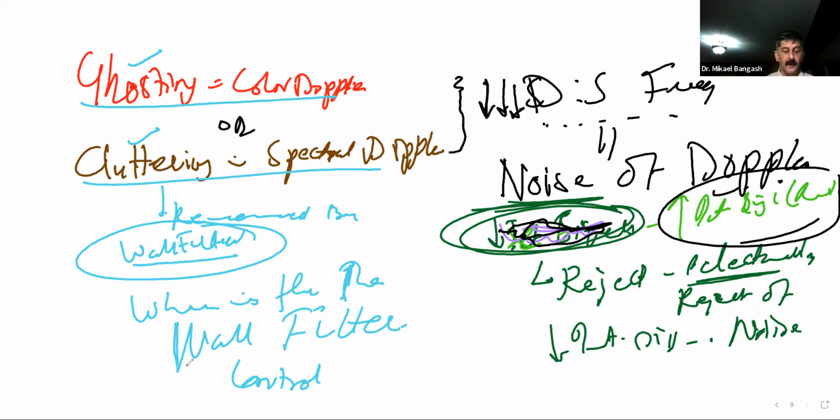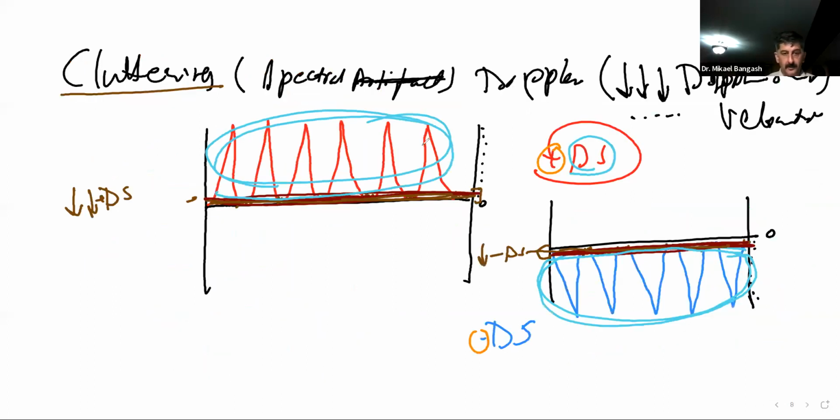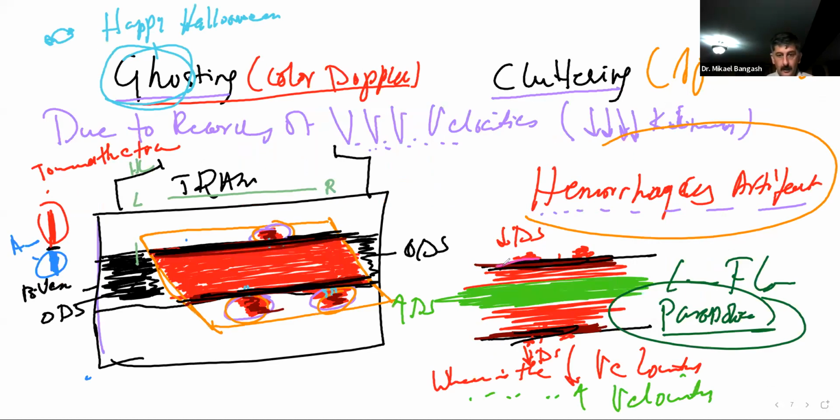Because that's something that you may have to turn on. And you can say increase the wall filter. Mainly it is to get rid of your cluttering or ghosting.